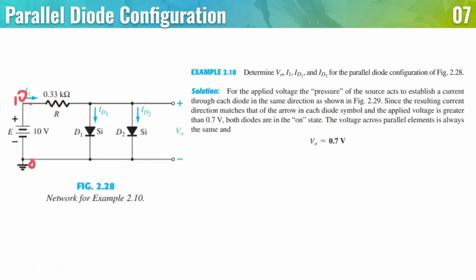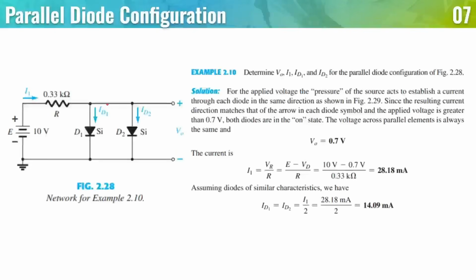So we're going to flow across this resistor and split into two branches here and here. Both of these are going to be forward biased. If this is 10 volts here, then at this point it's going to be 9.3 volts since we are having silicon diodes.